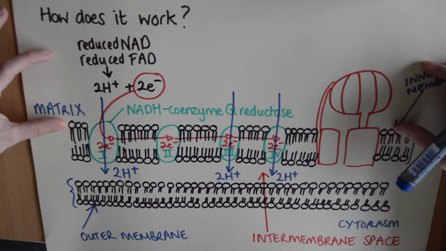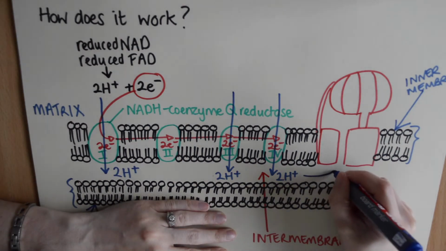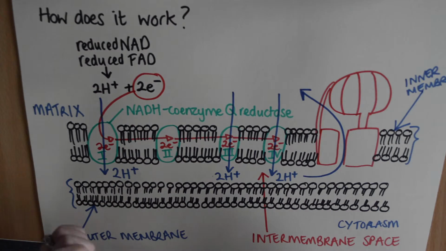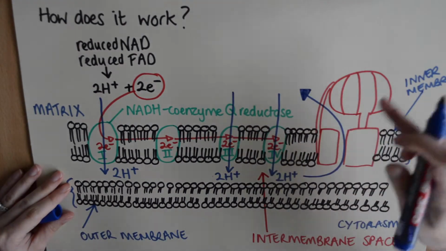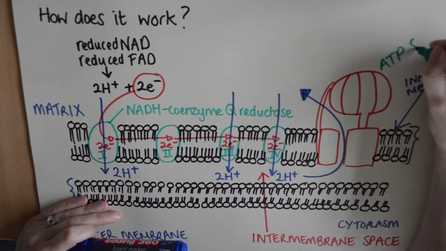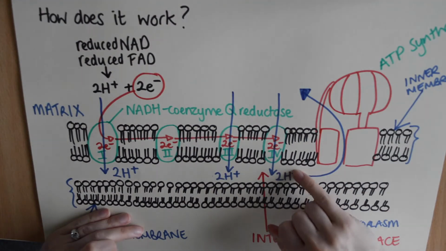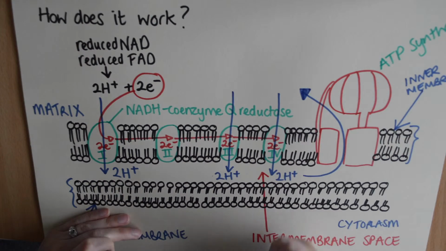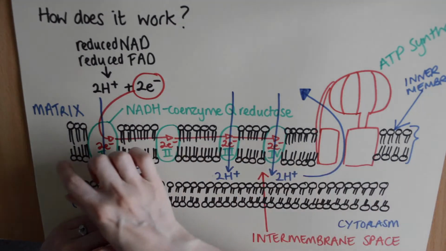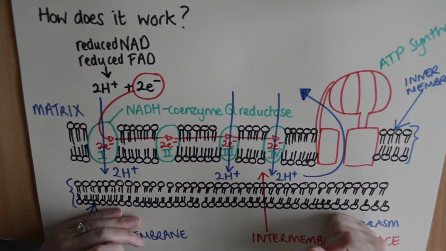Now, those protons will then flow through the channel protein associated here with the stalk particle in ATP synthase. Just label that. And they will move down their proton gradient. We sometimes also call this an electrochemical gradient, or a pH gradient. This will obviously be an area of higher acidity than inside the matrix.